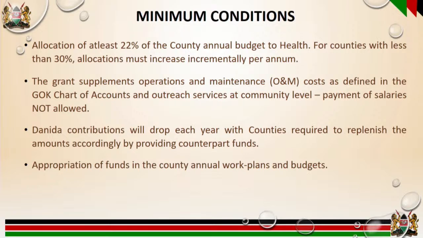What is important to remember is that the grant supports operations and maintenance costs as defined in the GOK chart of accounts. And kindly, let's not have the funds channeled towards payment of salaries because it's outside the scope and it's not allowed by the PHC program.